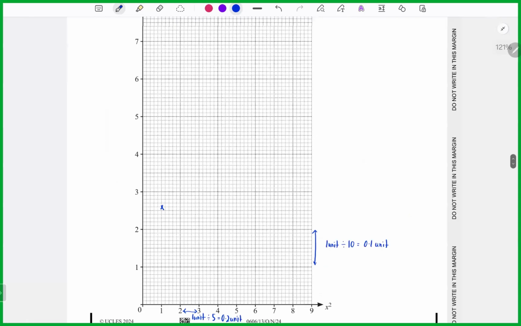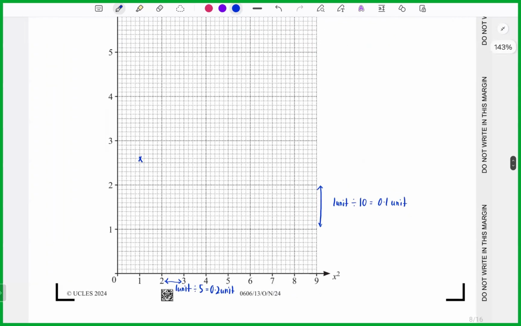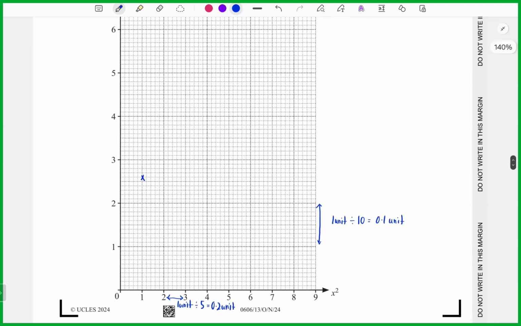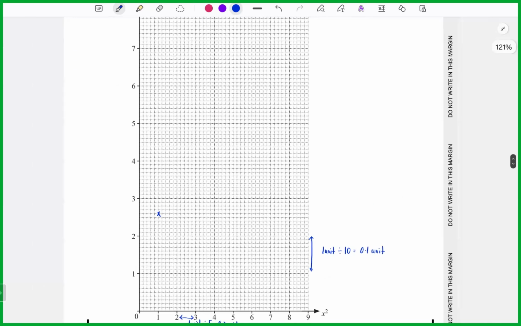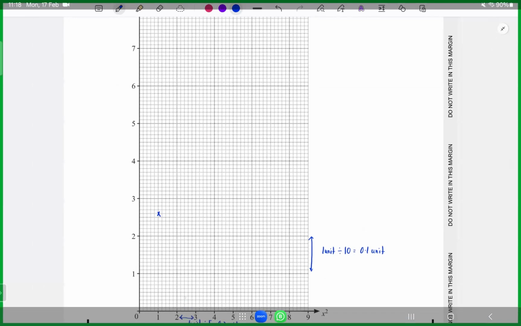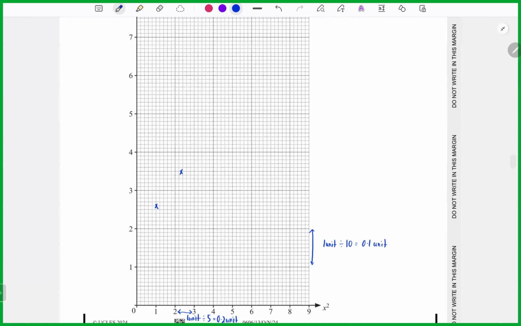So here is 2.5, so you need to take the half. Then 3.51, label here.